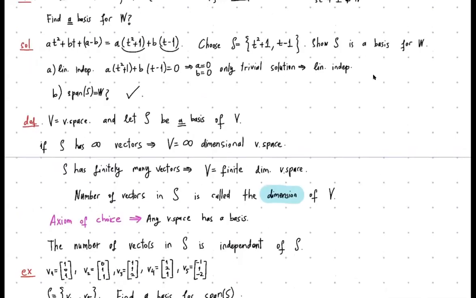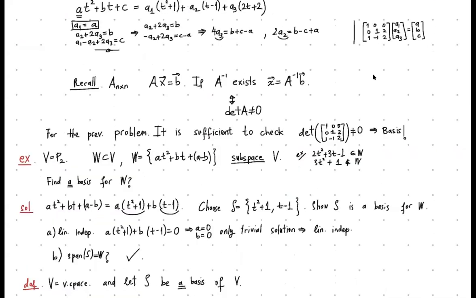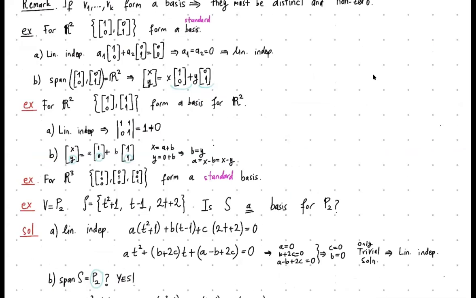Okay, so if we go back, for R2, for this vector space, the dimension is 2, because a basis has 2 vectors in it. Or if you look at the standard basis, this is also a basis which contains exactly 2 vectors, so the dimension is 2.